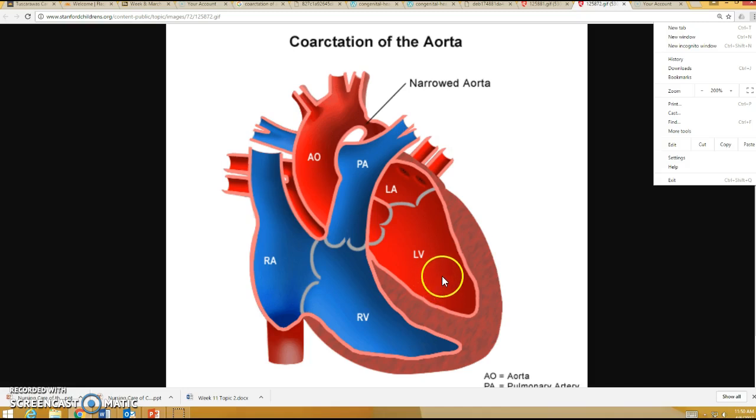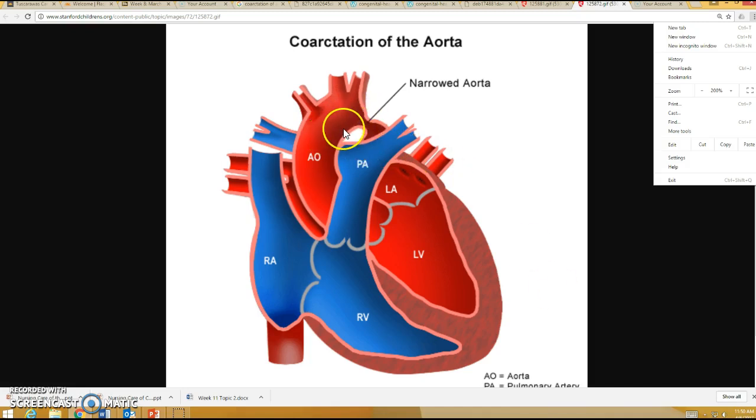So normal looking heart, we come up into the aorta, we're going along, we're breaking off in our feeders, and lo and behold, we hit a huge traffic jam. Okay? So what this does is it now increases that pressure, backing up into the heart. And then we're going to back up into the pulmonary veins. And from there, we're backing up into the lungs, which is going to make the lungs sound wet, okay?